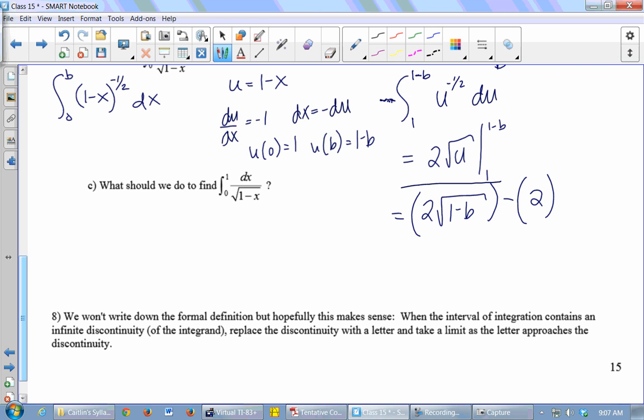Okay, so there's the integral from 0 to b. So I can get the area under the curve from 0 to anywhere. So I could go to 0.9, 0.99, 0.999, just get closer and closer to 1, which would be taking a limit, right? Take the limit as b approaches 1 of that expression.